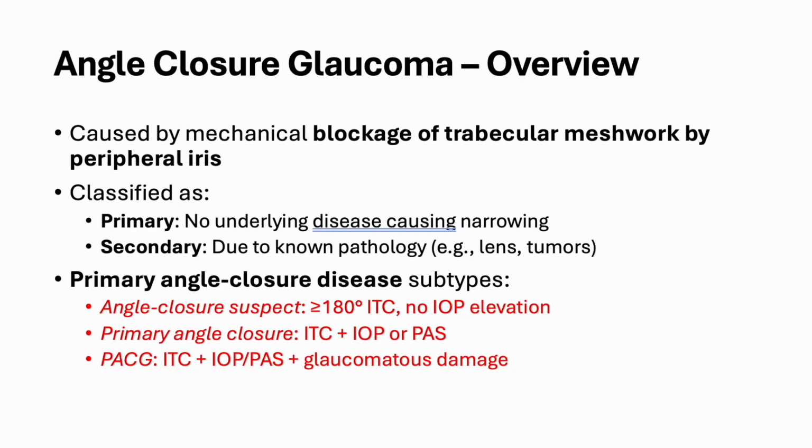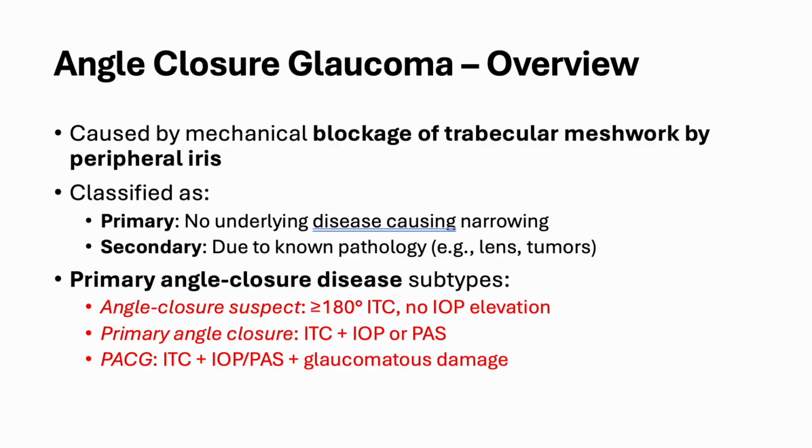Angle closure glaucoma is caused by mechanical blockage of the trabecular meshwork by the peripheral iris, preventing aqueous outflow. It's categorized as primary, where no underlying disease causes the narrowing, and secondary, where pathology like a tumor or lens abnormality is responsible.